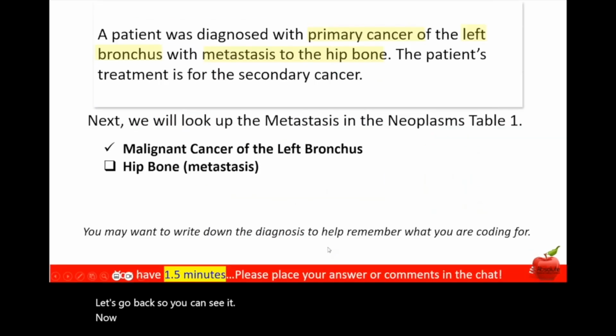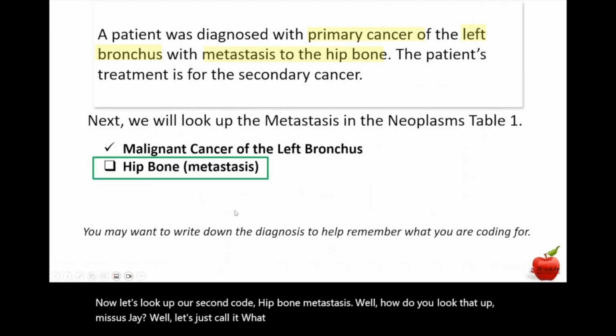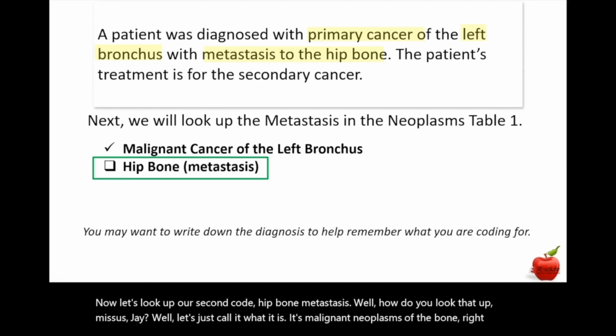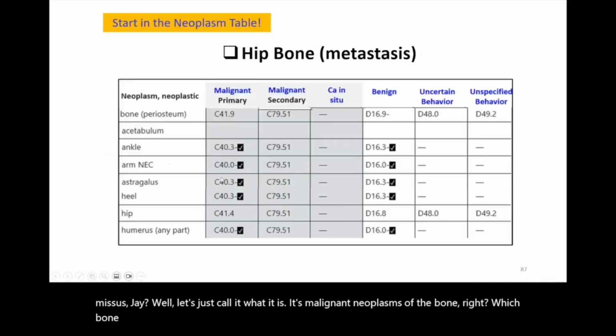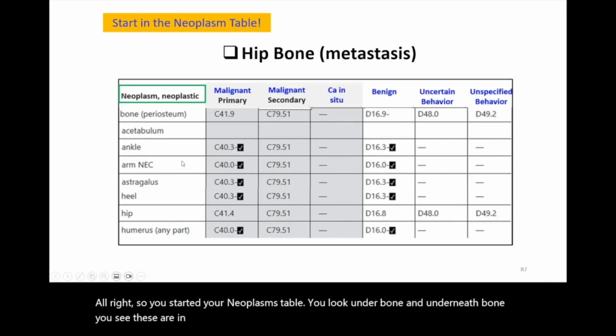Now let's look up our second code, hip bone metastasis. How do you look that up, Mrs. J? Well, let's just call it what it is. It's malignant neoplasms of the bone, right? Which bone? The hip. All right. So you start in your neoplasms table, you look under bone, and underneath bone, you see these are indented slightly.